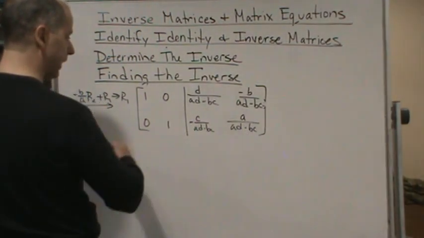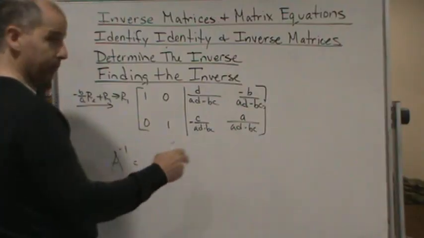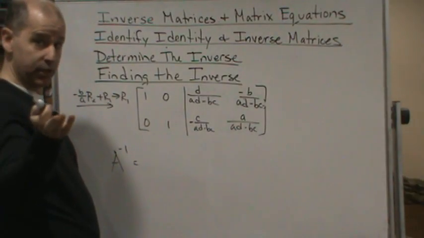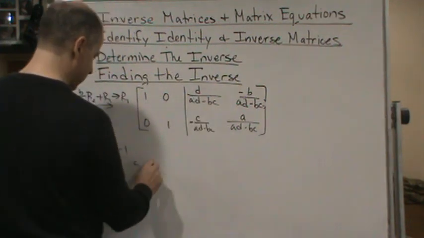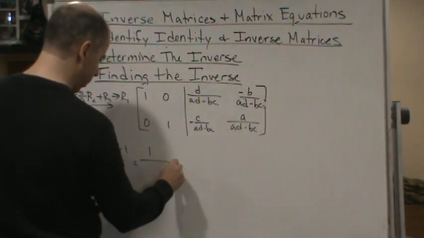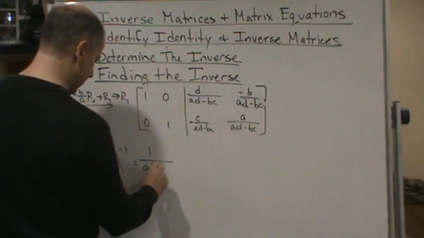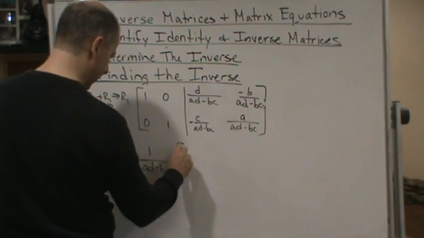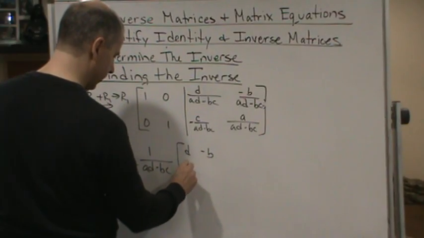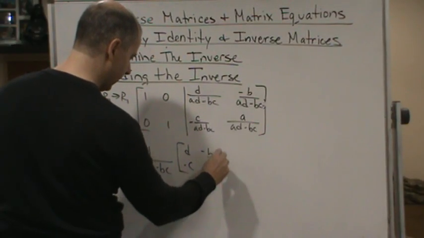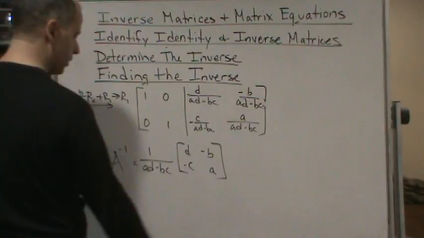So I can factor that out of the matrix. Remember, with scalar multiplication, I can go the opposite, right? So this is just a number, right? So I'm going to pull out 1 over AD minus BC, and then what's left behind? D, negative B, negative C, A, which is what we wanted.